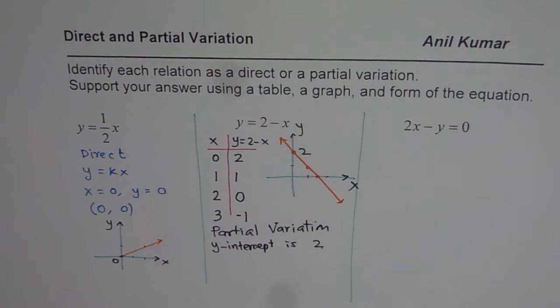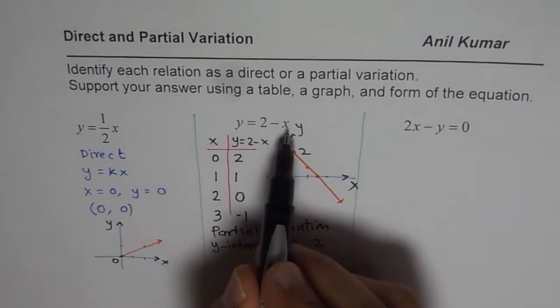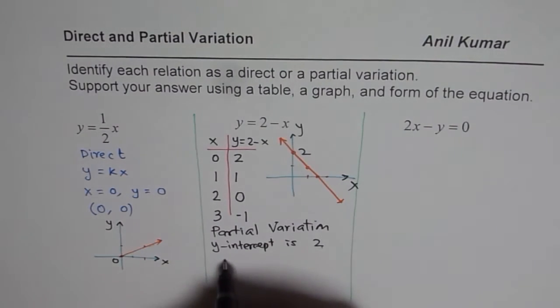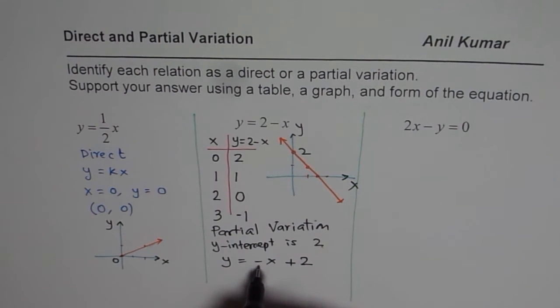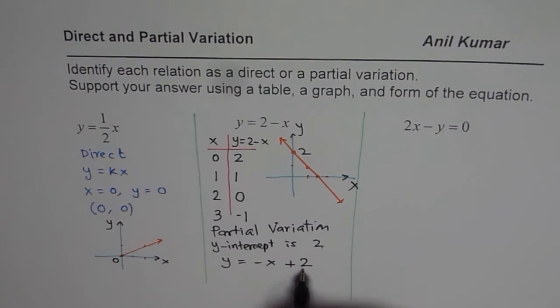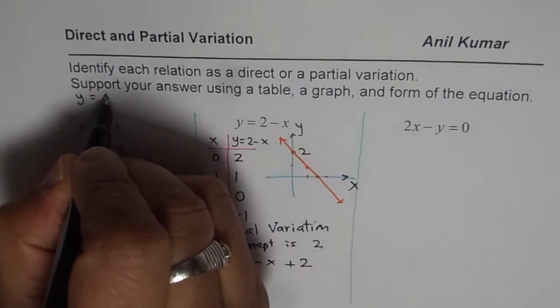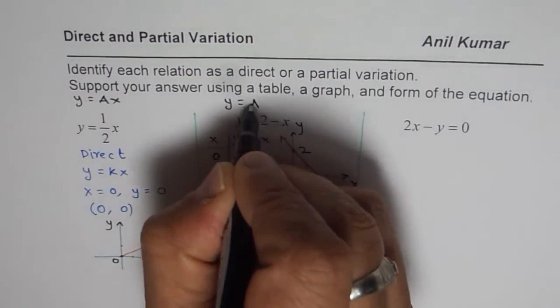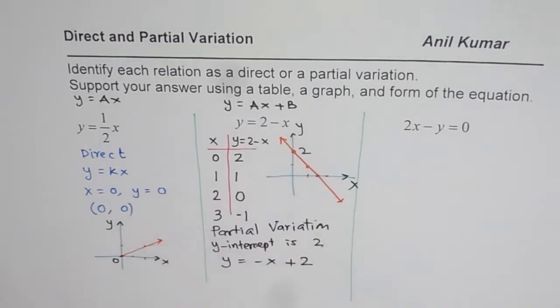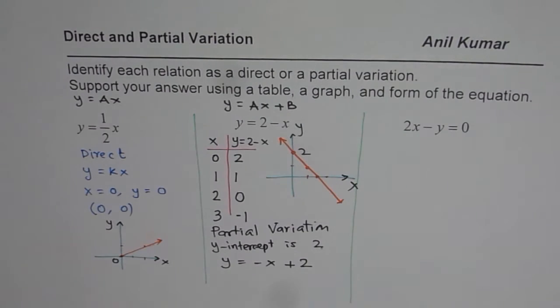Second, when you look at the equation itself, it is y equals minus x plus something. That is a variation of minus 1 times x, but the 2 makes it partial. So it is not the equation of direct variation. The direct equation will be y equals ax, and partial will be y equals ax plus some other constant b. So that is 2, and that is why it is not a direct variation.